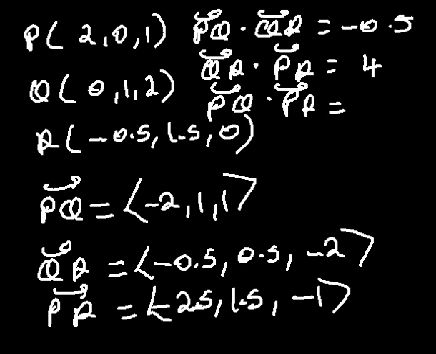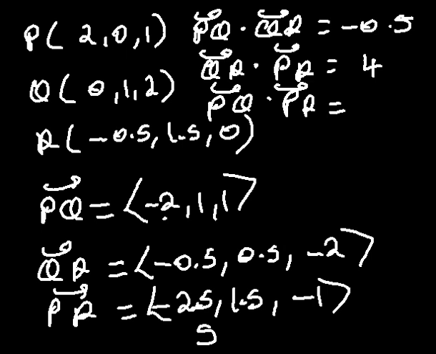And now, what is the dot product between these two final vectors? So we have vector PQ dot vector PR. We have -2 times -2.5, that is 5, of course.